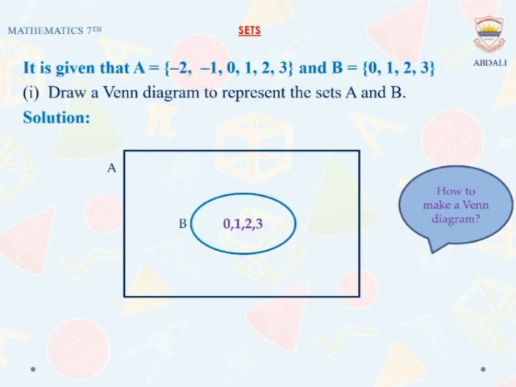We just have to write the remaining elements of set A that are not in set B. So we will write them in the rectangle, which are -2 and -1. So now we are done with drawing both sets and we have written their elements and their names. So it is your Venn diagram. Okay, hope you have understood this concept.